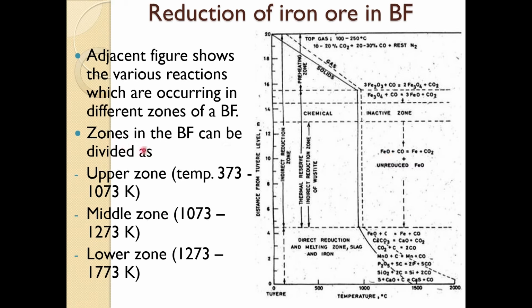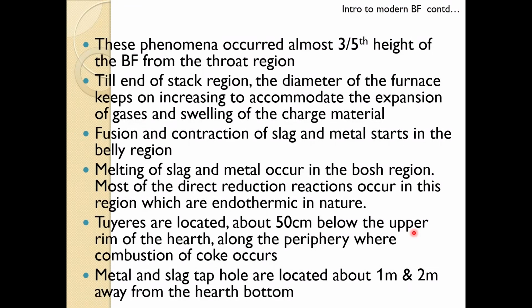The zones in the blast furnace can be divided into the upper zone, the middle zone, and the lower zone, where direct reduction of carbon takes place. We will describe this in the next slide. The phenomena we described previously occur over almost 3/5 of the height of the blast furnace from the throat region.